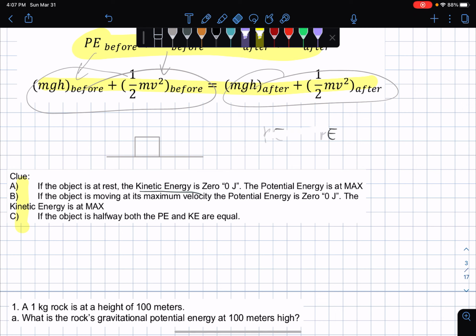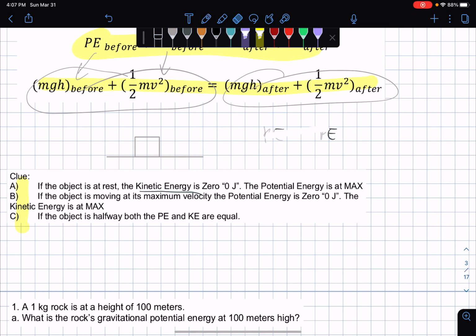So for statement B, if the object is moving at its maximum velocity, so provided that it is at its highest, then potential energy will be at its lowest, or 0 joules. So yes, the kinetic energy is at its maximum.